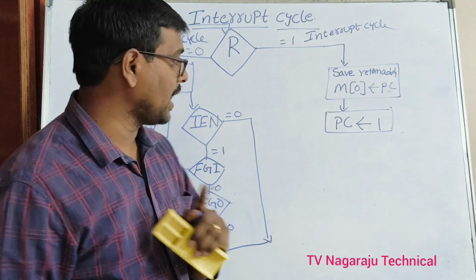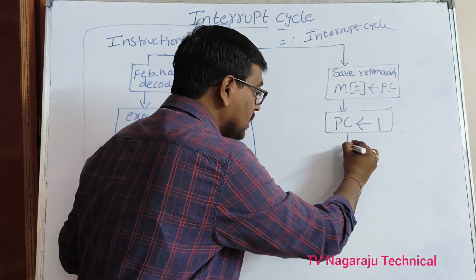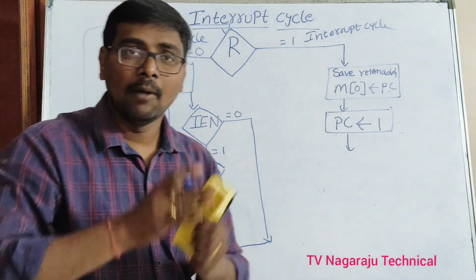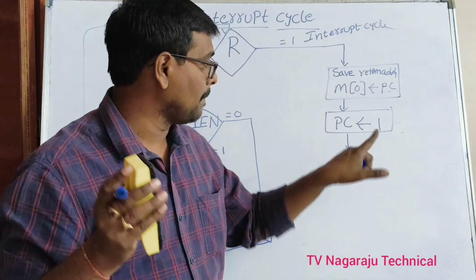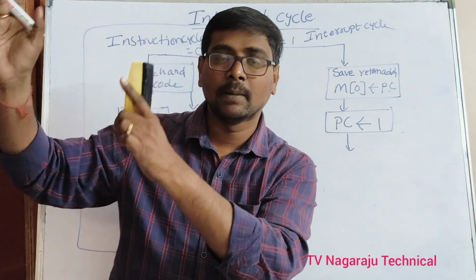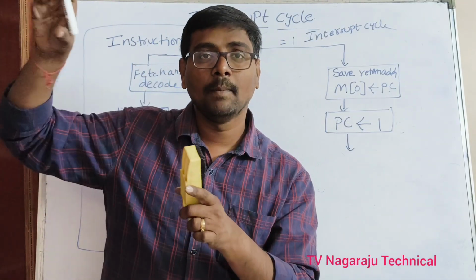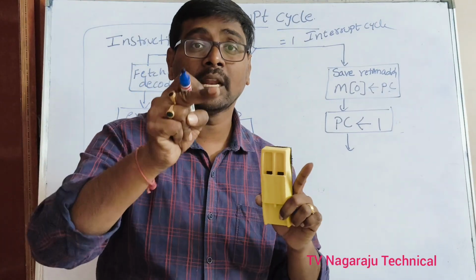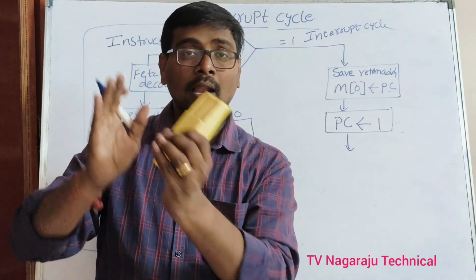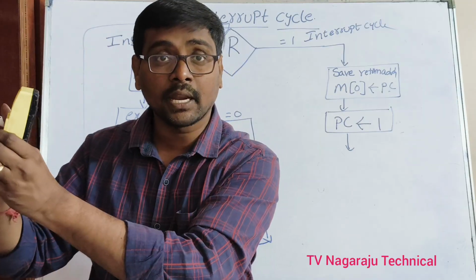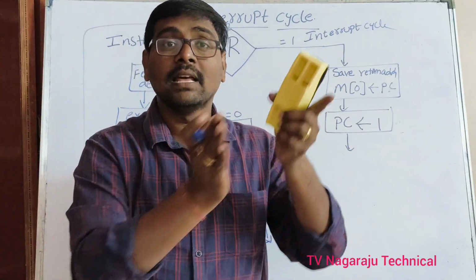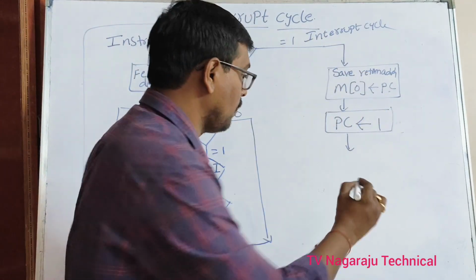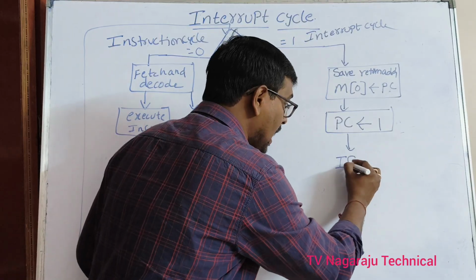Anyway, I will show you diagrammatically. After that, I move to the interrupt service routine and perform that subroutine operation. Meanwhile, no interrupts are enabled. I am already in execution of one interrupt, and in the meanwhile other interrupts are not enabled at all. For that, what I am doing?